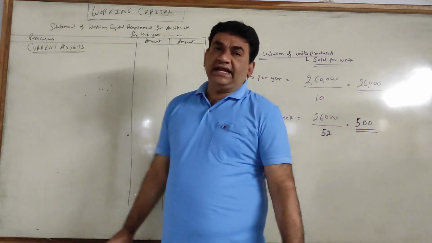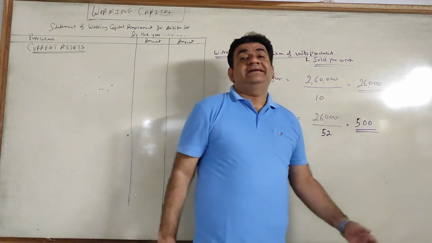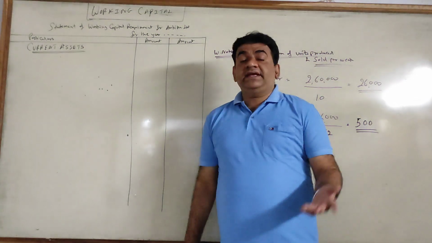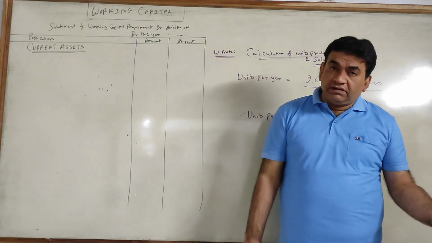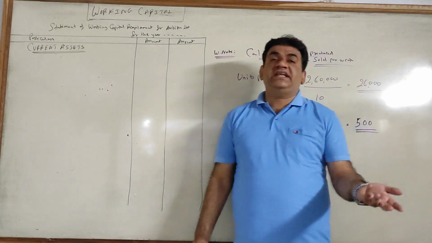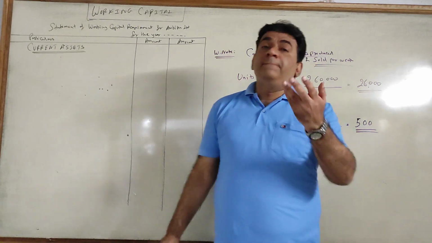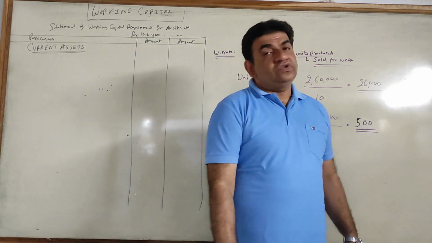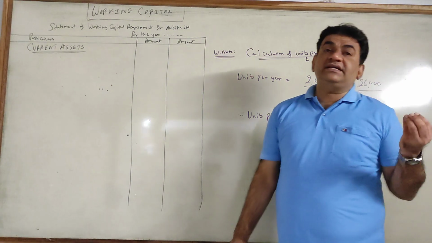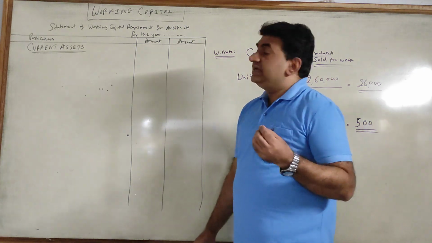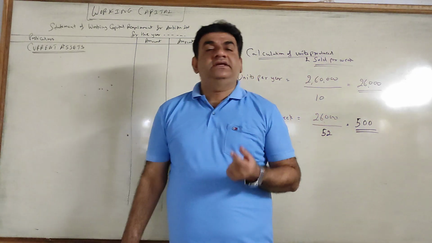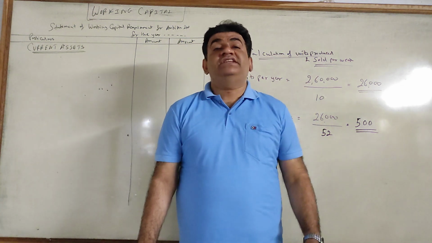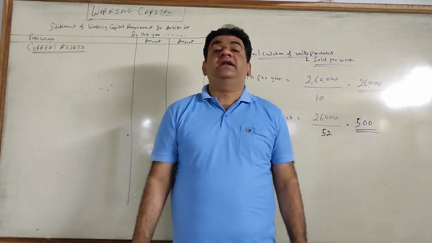You all know what are current assets: stock, cash and bank, debtors, prepaid expenses, cash balance, cash in hand, bank balance, bills receivable. All these are your current assets. They will give you some indirect information, and as I mentioned in the starting, you will have to find out the value of each current asset and current liability.